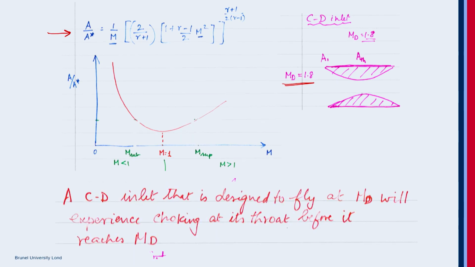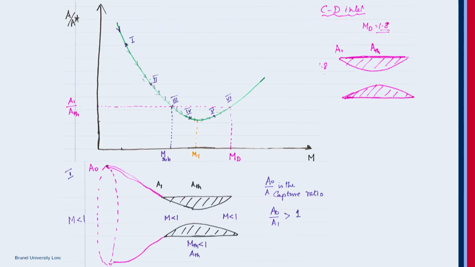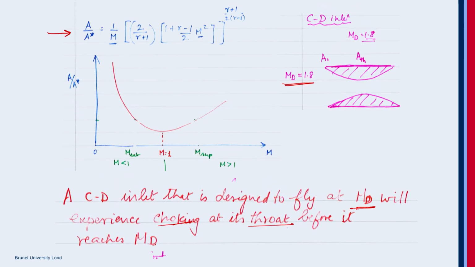So okay, the convergent inlet that is designed to fly at a design Mach number will experience choking at its throat before it reaches M design, because I said that it has a unique subsonic solution. If I choose this as the design, then I have a unique subsonic solution here.